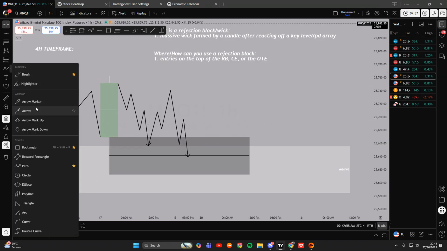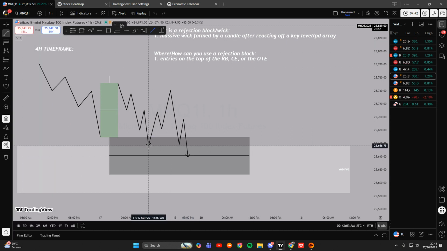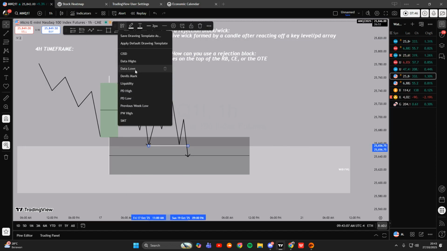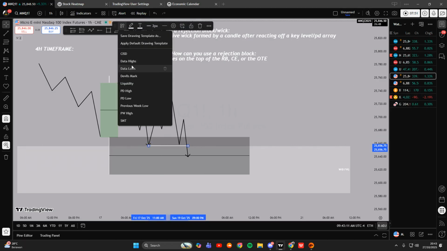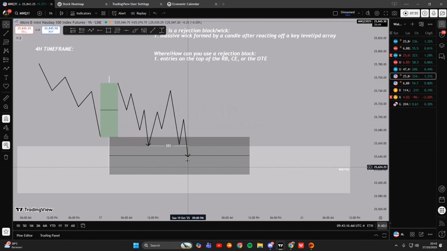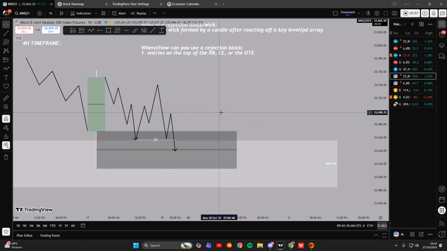It's because it's engineered liquidity. You see this low acts as engineered liquidity which price can sweep when it taps into CE.